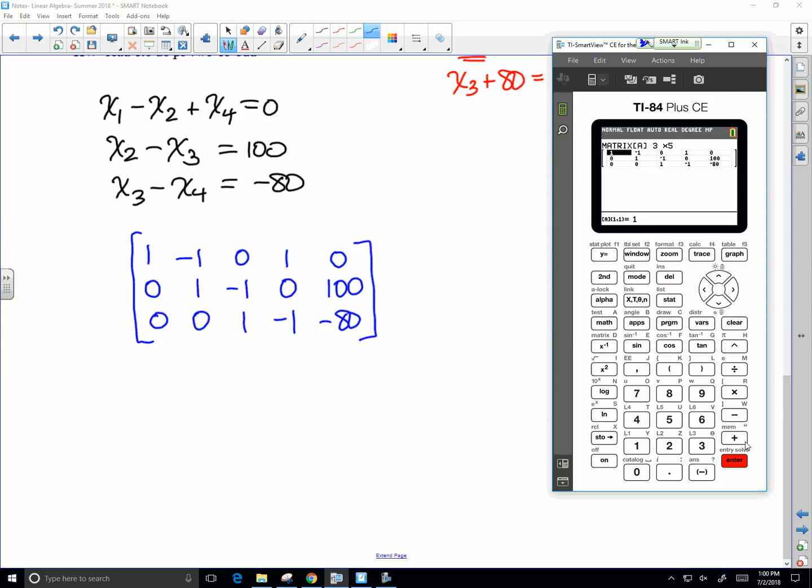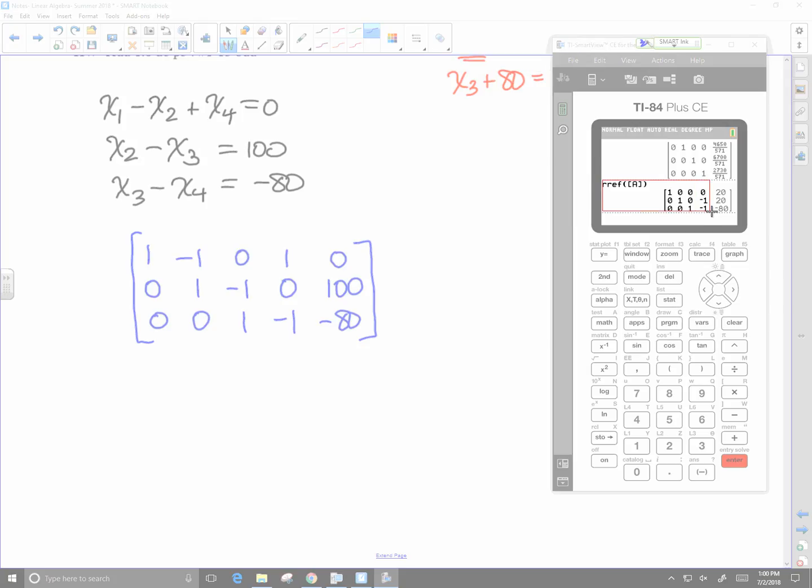Little double check action here. And then reduce row echelon. Yeah, that's what I thought. Maybe there's a little bit more to it than that, but it felt like you only had to add like 2 columns or 2 rows.